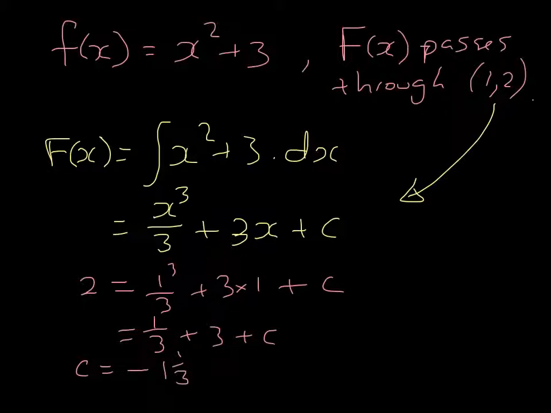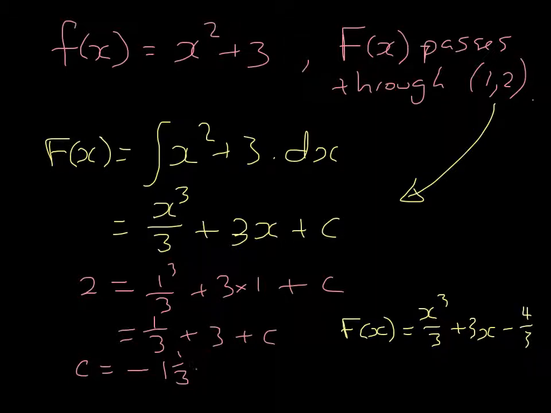So therefore, our function F of x will be equal to x cubed over 3 plus 3x, take away 1 1/3 or take away 4/3, because this thing here is equal to negative 4/3. And that will be that one there.